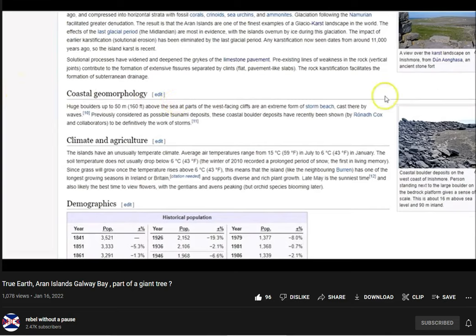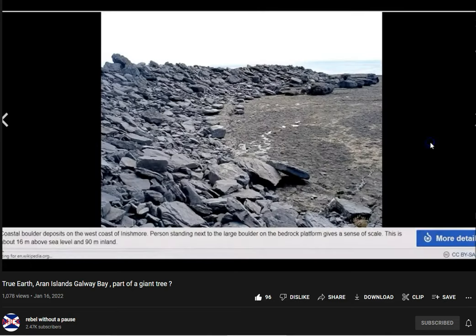And these are boulders that they say were washed up on the shore, right? And here's the person standing here to give you a size of these boulders. So they're coastal boulder deposits, right?